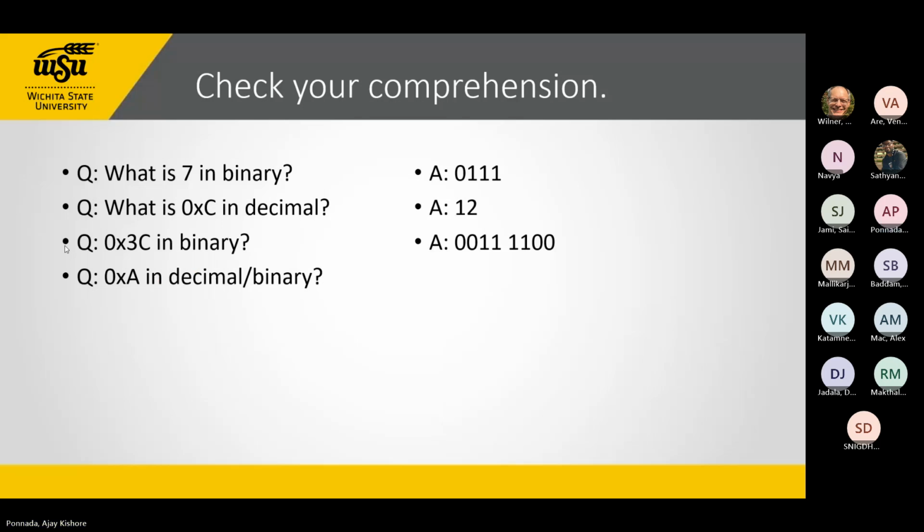It's simple. It comes after 9. That's going to be 10 in decimal, 1010 in binary. Perfect. And 1101 in hexadecimal and decimal.